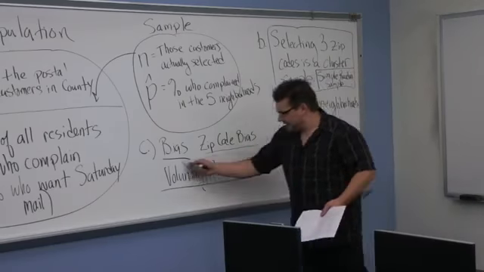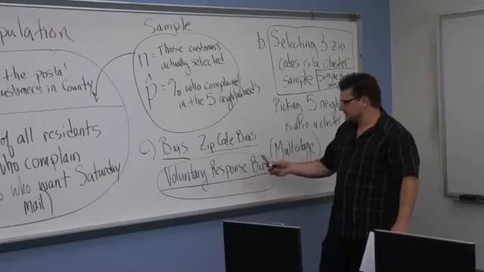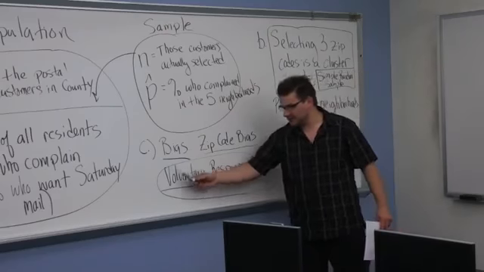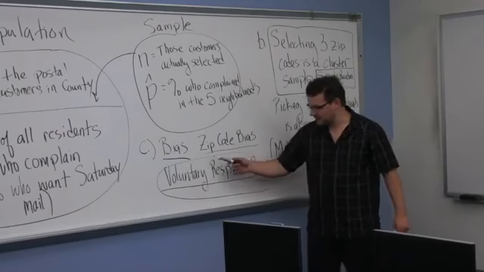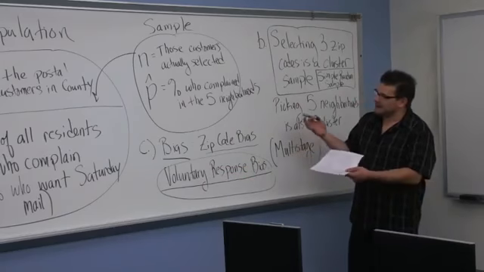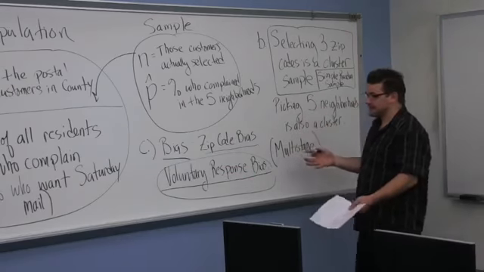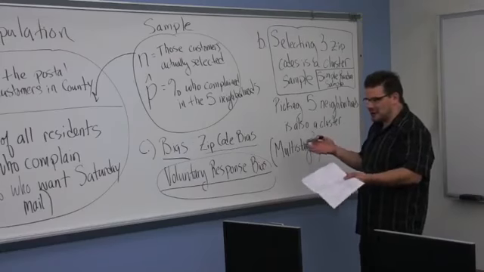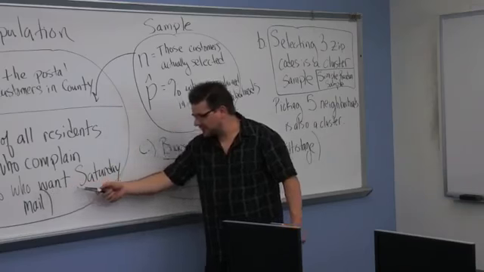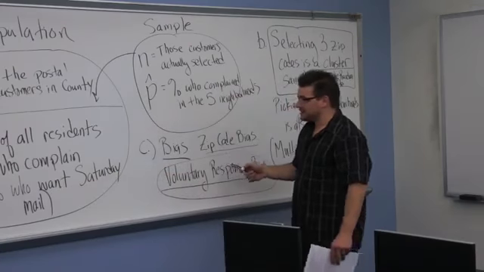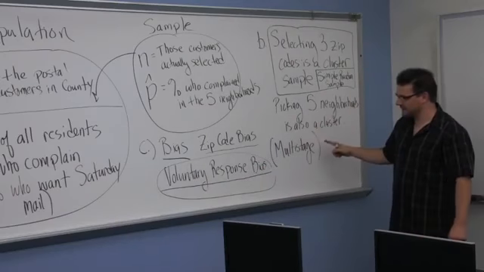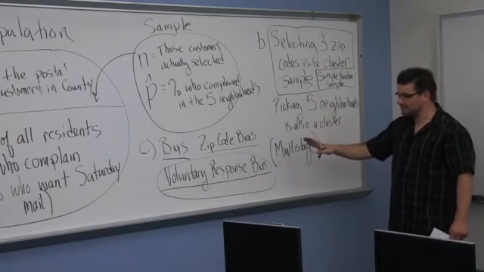So think of all the residents in the neighborhoods. Those that are willing to call up the post office and complain might feel very differently than the general population of most of the people living in the neighborhoods. Okay, so I think the way that the post office decided to collect this data, they might not get to the heart of the matter, right? If they really want to know what percentage of the population wants Saturday mail, I'm not sure if stopping Saturday mail for a select number of neighborhoods is the way to investigate that problem.